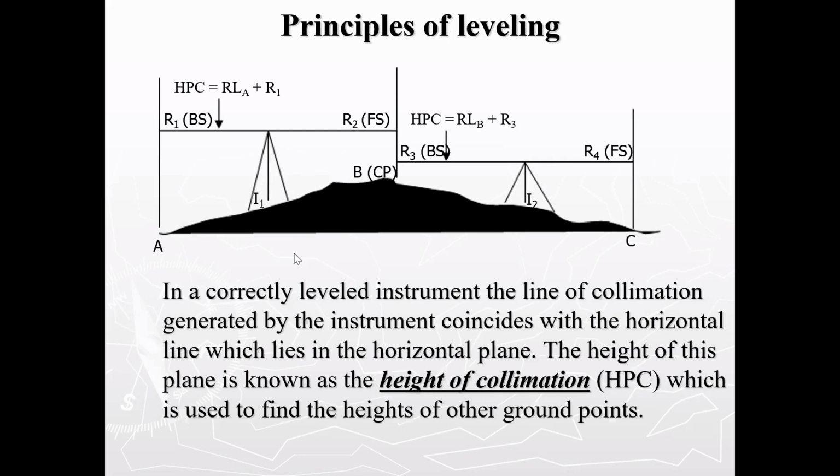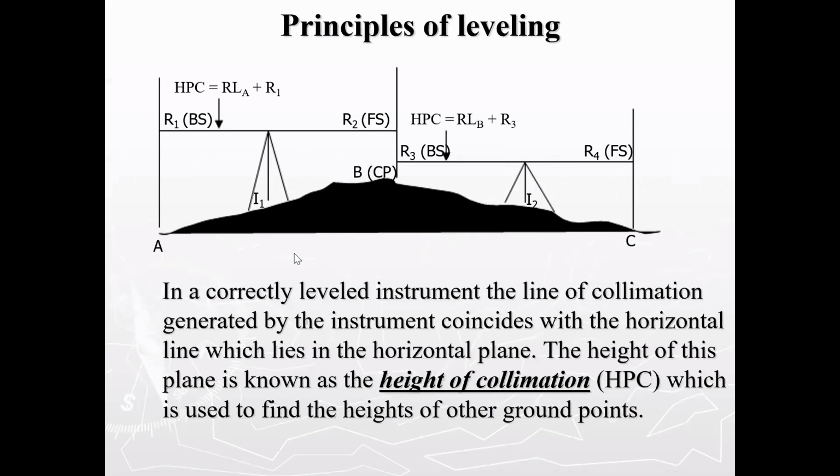And that gives us an HPC, which is equal to the reduced level of point A plus R1, where R1 is the staff reading at point A. Is that clear, Lydia? Yep.